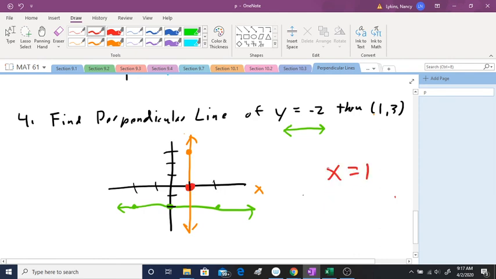This is my line that is perpendicular to y equals negative 2. And also note that with perpendicular lines, it's the opposite letter, so it's x. And then you look at our point right here, and it's 1.